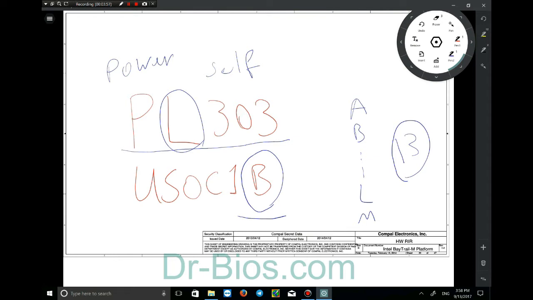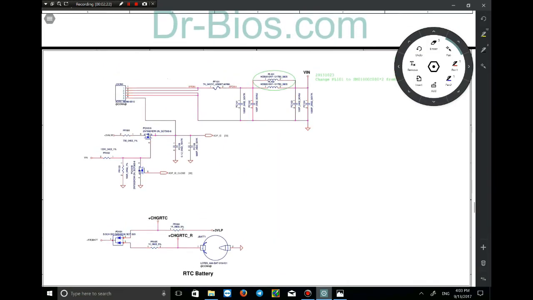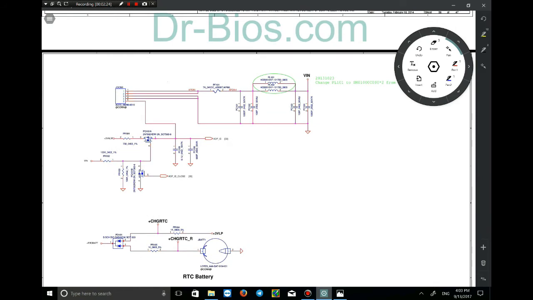The company which made this block diagram divided it into 13 blocks on the schematic. So the last letter is related to the divisions of the component.